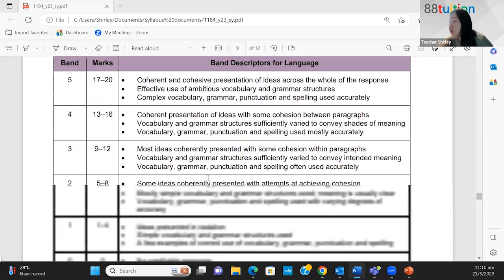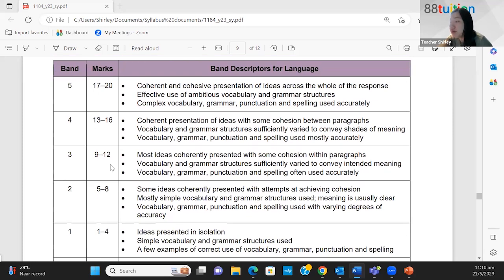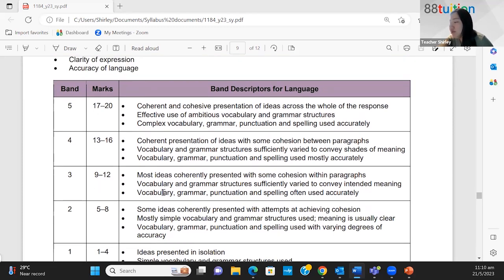Okay, of course, a lot of students fall under 9 to 12 marks, right? Basically, it's the medium band. Coherent and some cohesion, vocabulary and grammar is sufficient to convey intended meaning. And grammar, punctuation, and spelling, by now, they're expecting it to be used quite accurately already, even though you're just a medium band.